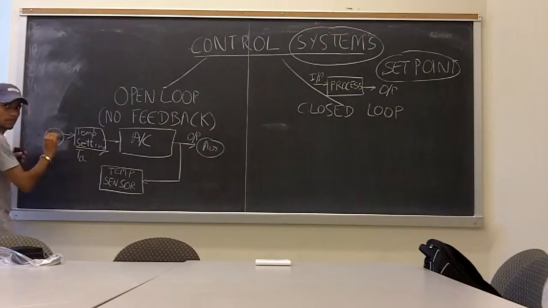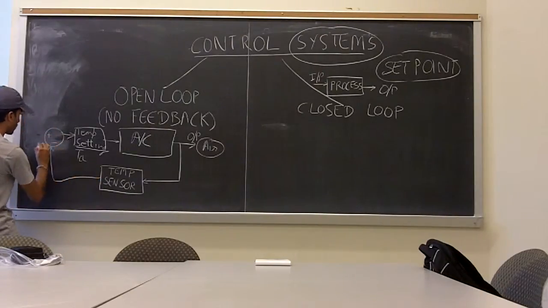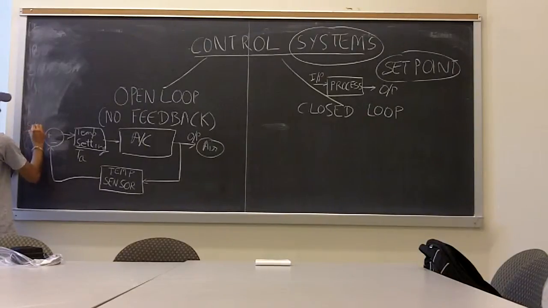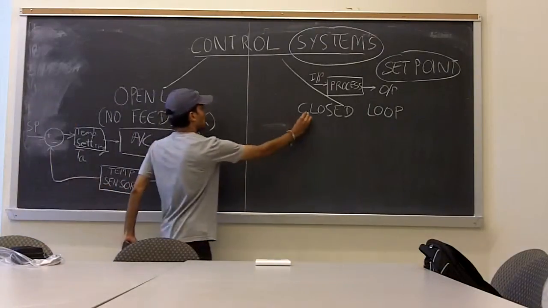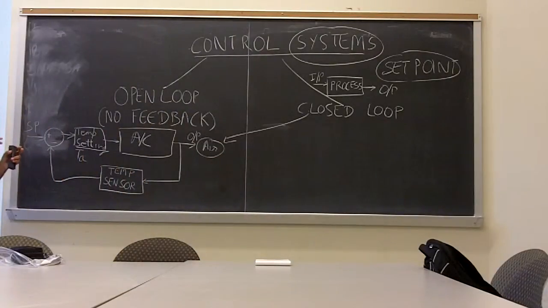In case of closed loop systems, which this thermostat actually is, we are setting a particular set point that we need the temperature T dash to be maintained via feedback.